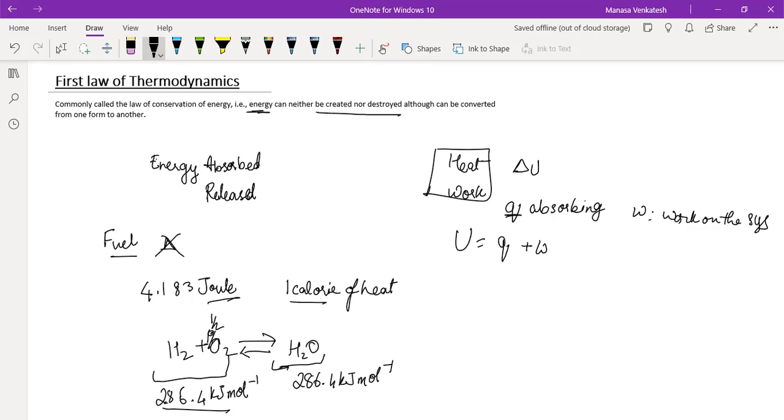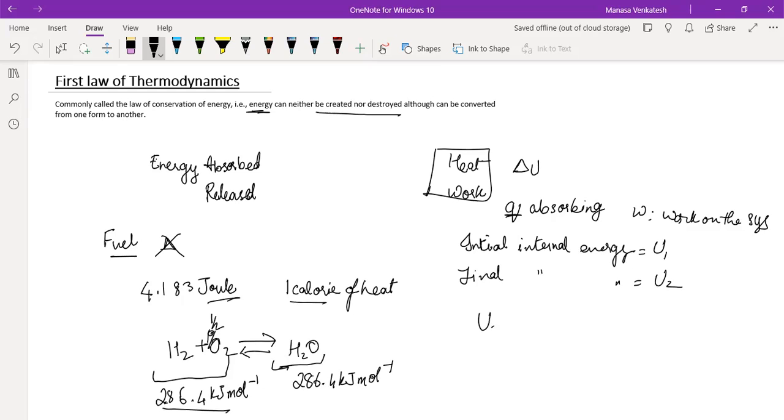Basically, I'm just going to write it again. We are assuming that the initial internal energy equals U1, and the final internal energy equals U2.